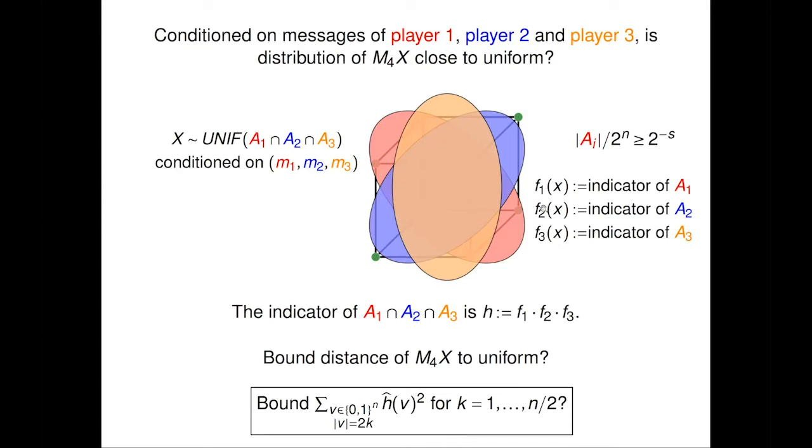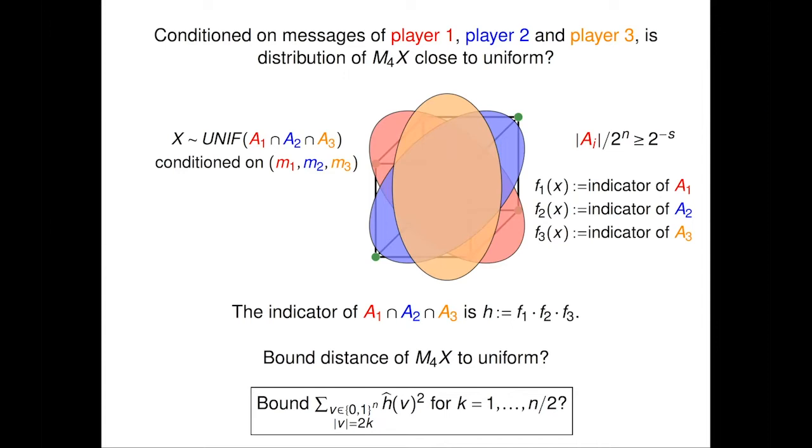Good. So let F1, F2, F3 be the indicator functions of these 3 sets. And let H be the product of these indicator functions. H is the indicator of the intersection.